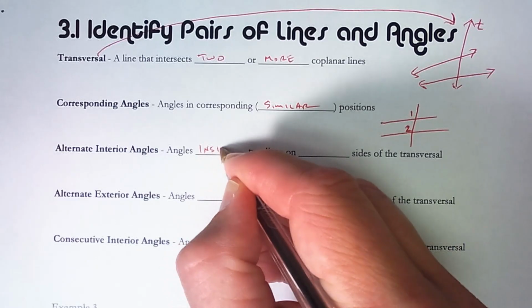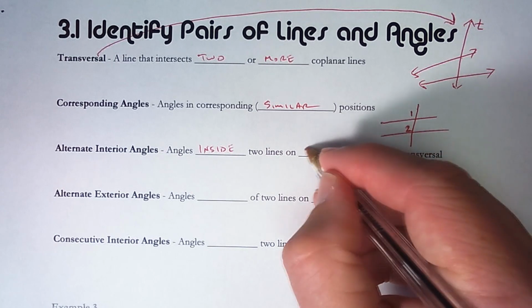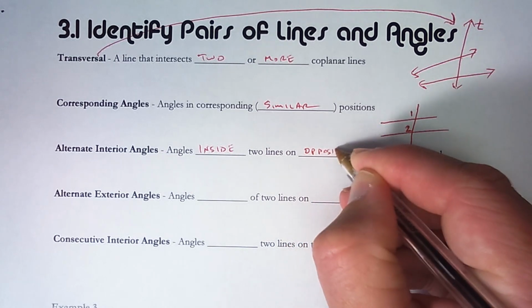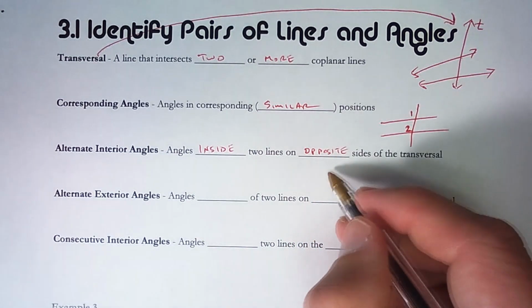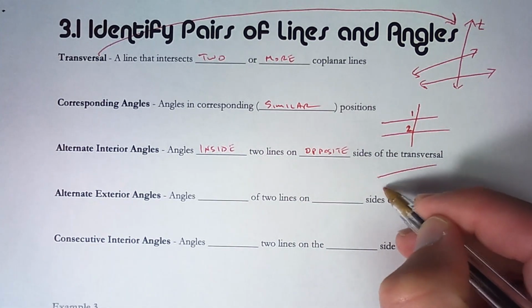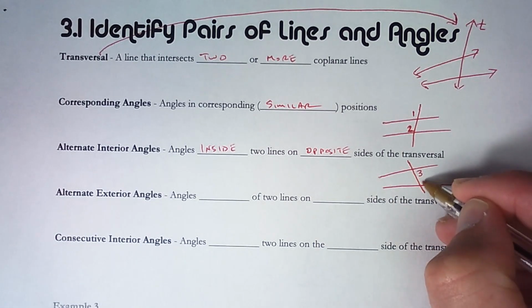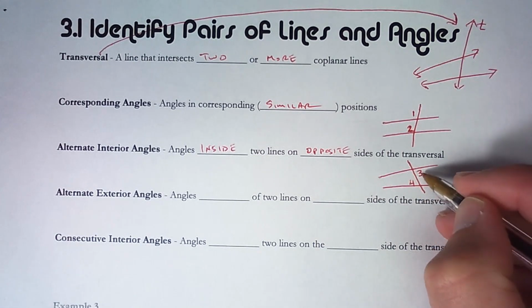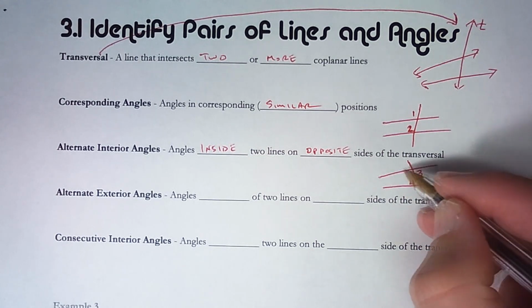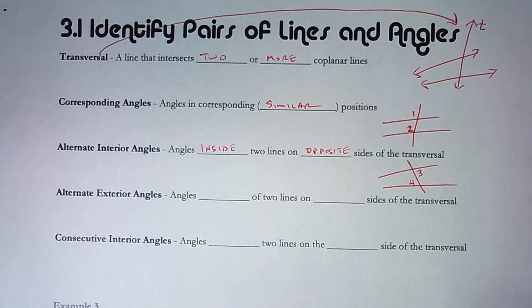Alternate interior angles are angles inside of two lines on opposite sides of the transversal. So here's two lines and a transversal. I'll call this angle 3 and 4. They're both between these two lines, but they're on opposite sides of the transversal.